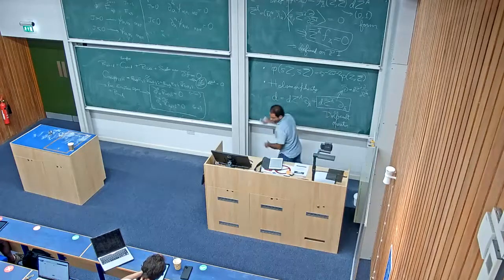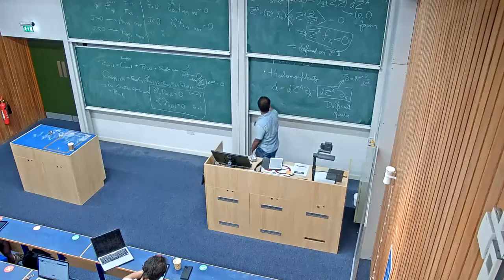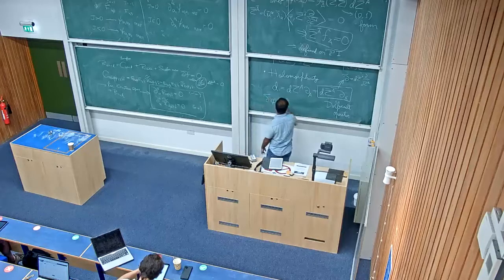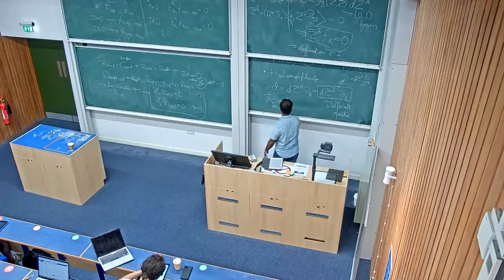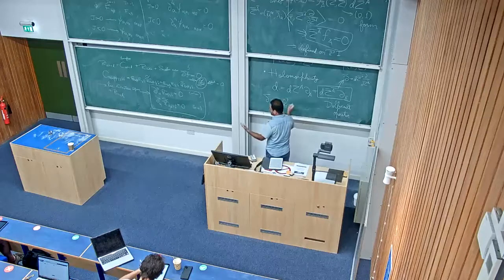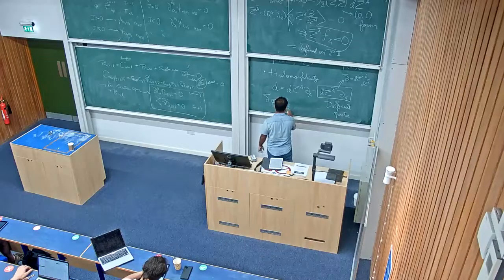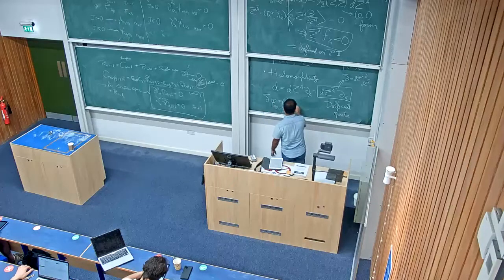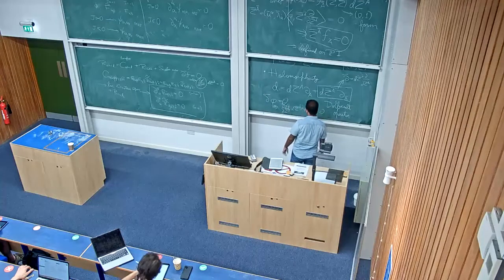Phi is holomorphic if d bar phi vanishes. You compute this. This will give you, by the usual rules of exterior derivatives, partial f a bar by partial z bar b bar d z bar a bar wedge d z bar b bar equals 0.